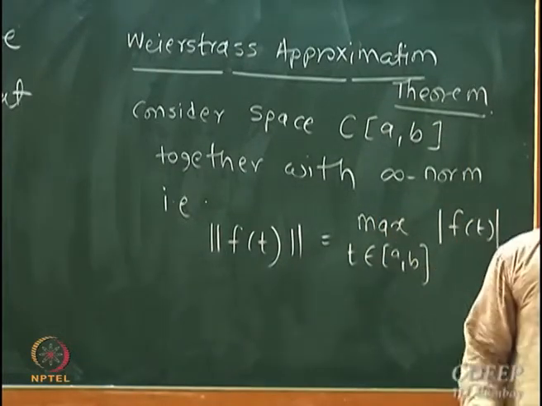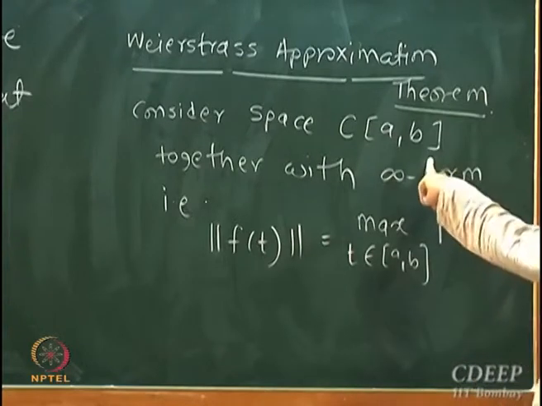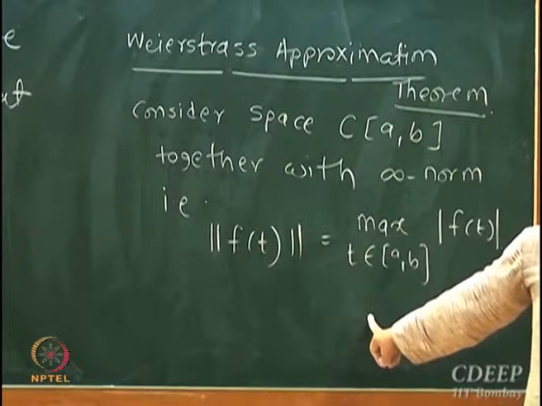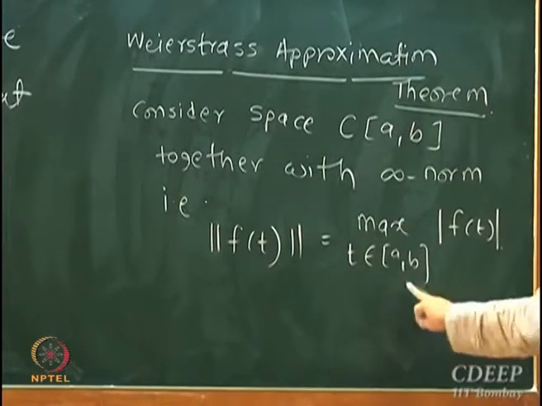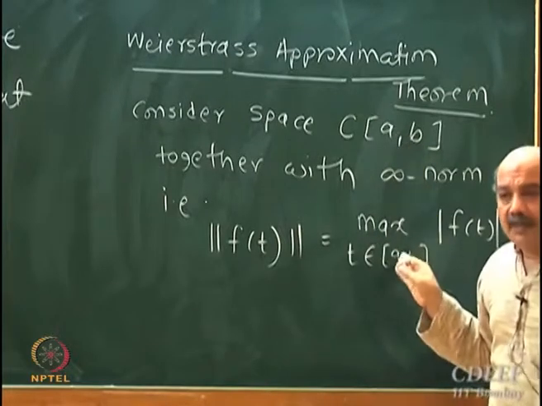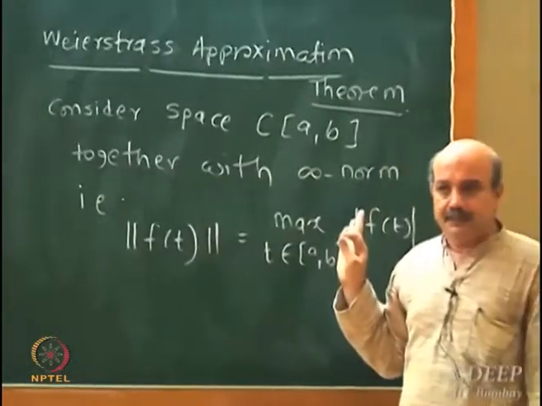We consider the set of continuous functions over an interval [a, b] together with the infinity norm. So this is the space, this is the norm defined on it, this is a normed linear space.